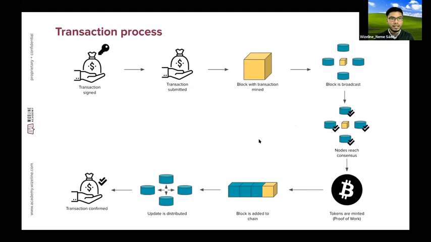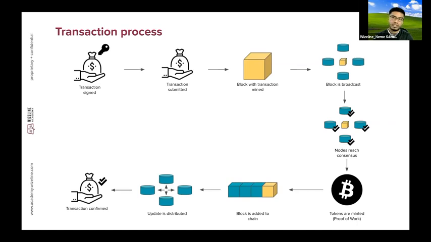Next slide, please. In this diagram, you can see the whole transaction process. It starts when we create a transaction and sign it. For example, let's say that Alice wants to send Bob 100 coins. Alice has to create a transaction and sign it using her private key.